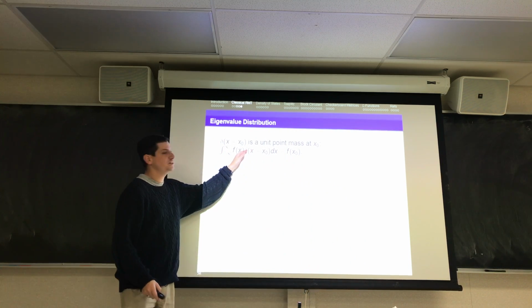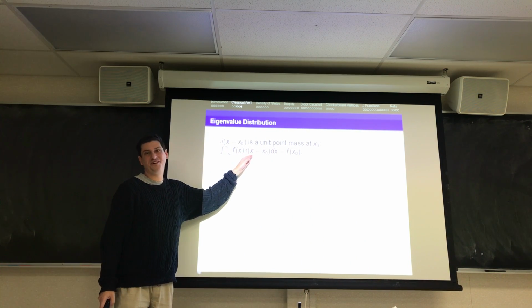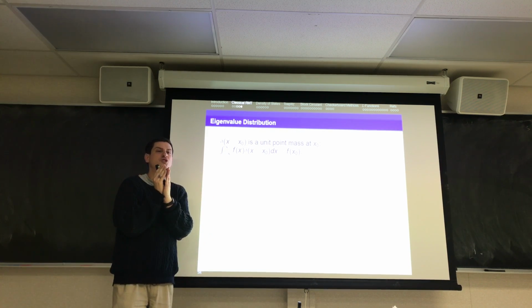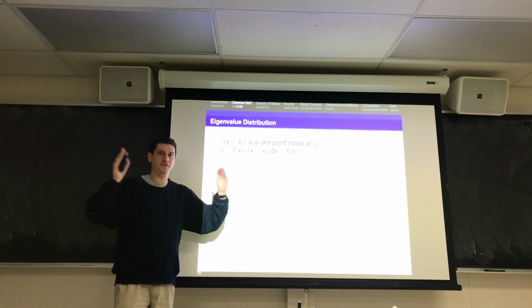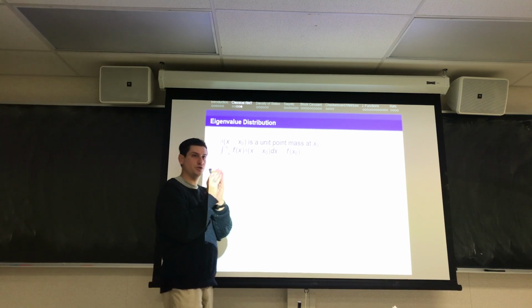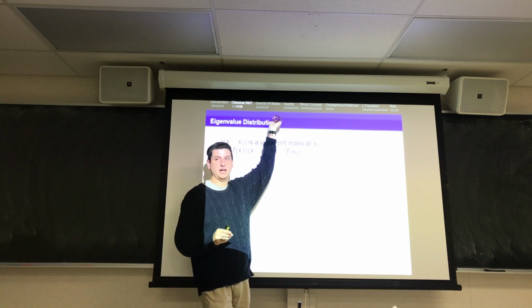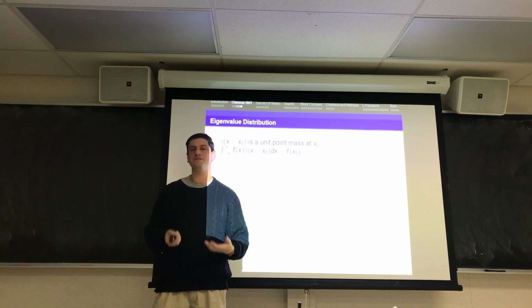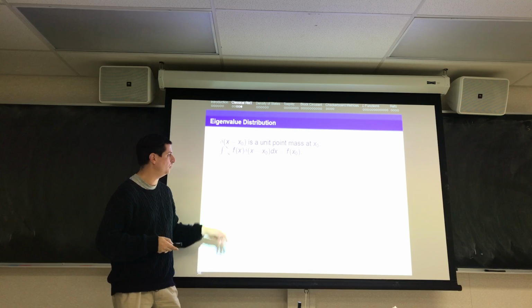You can, of course, argue that, well, that's not really a function. That's why we're saying functional. If you don't like this, you could take a Gaussian with extremely thin width, with extremely small variance. And if you take the limit as the variance of the Gaussian goes to 0, it's going to spike up and become the delta function. So you can actually do this through continuous functions if you would prefer to do it that way.